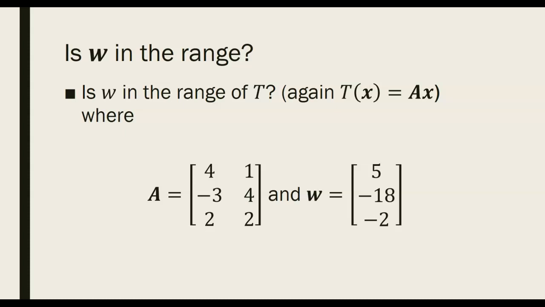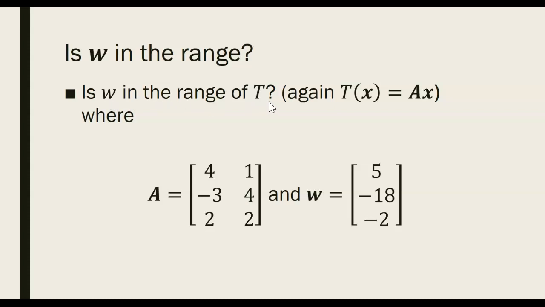Now, a lot of times, because we get these infinite solution cases, instead of asking ourselves to find a specific vector whose image is b, what we can ask is, is this vector w in the range of T?